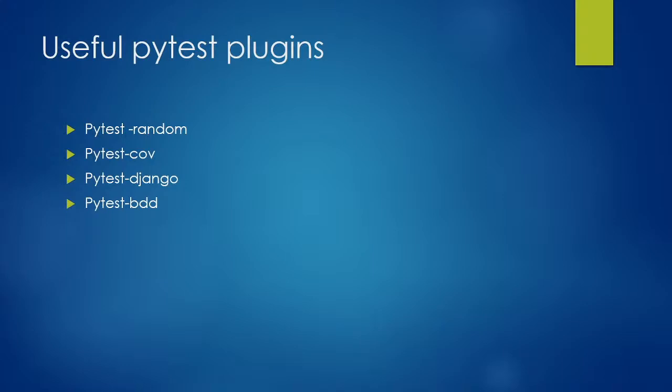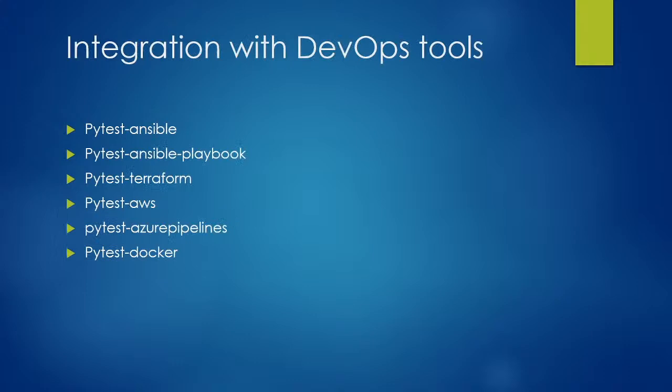Many of you are not aware of Django, so I'm not demoing it. We also have PyTest BDD, the behavior-driven development PyTest plugin. If we have a next session on BDD, then definitely next time we can check PyTest BDD. Basically PyTest provides framework-wise functionality which is helpful to check whether different scenarios in Django or BDD are working fine or not.